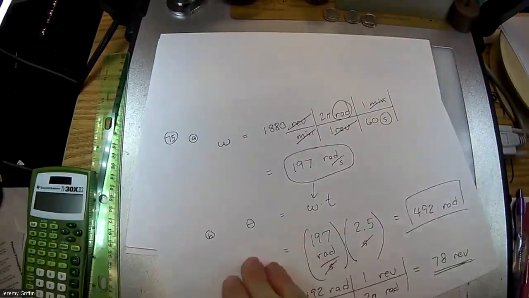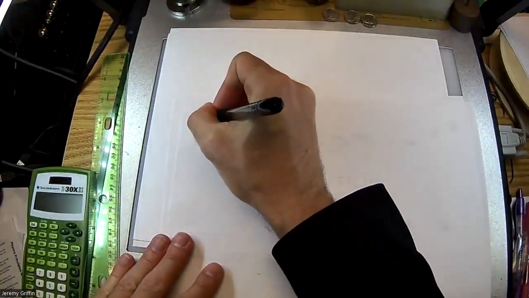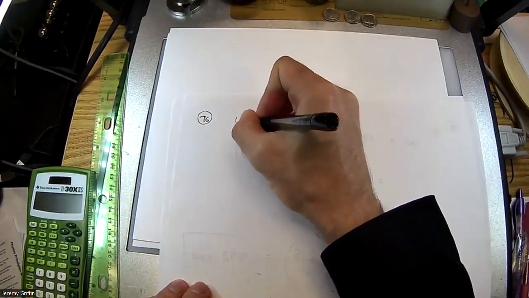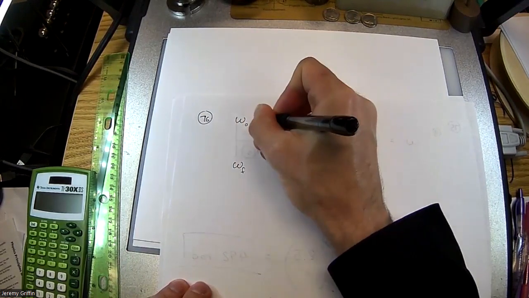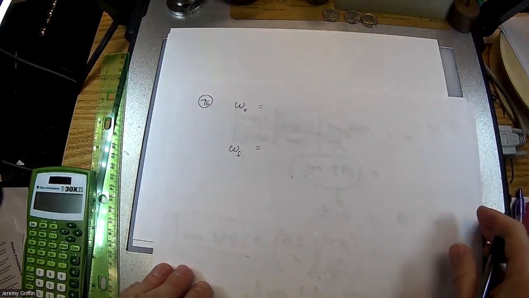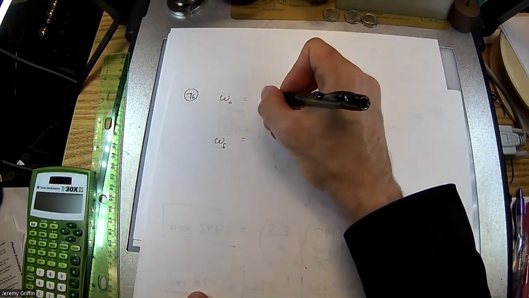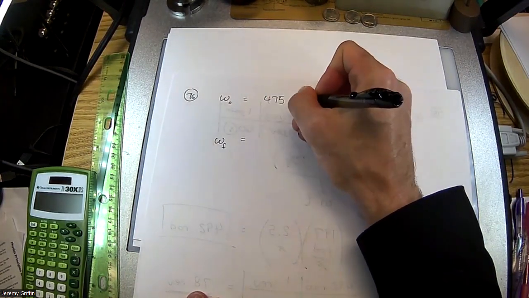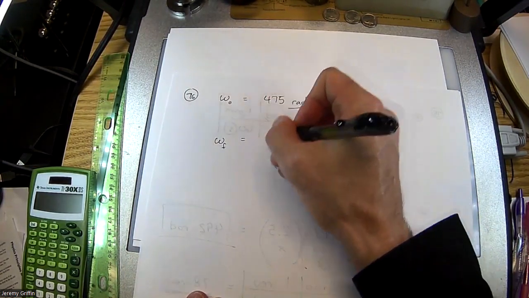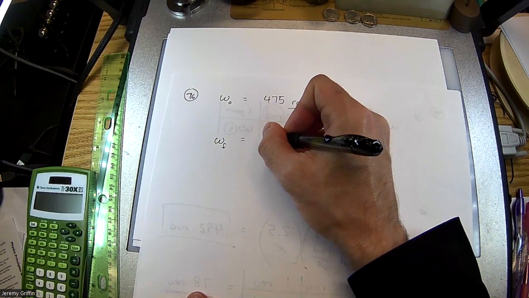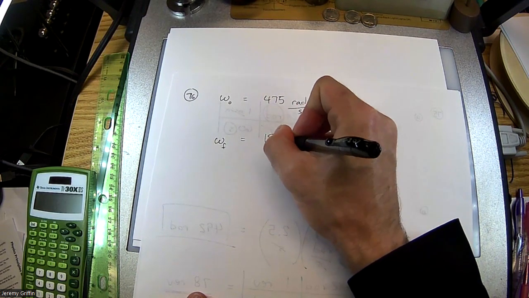Number 76. Okay, I'll go omega initial, omega final. So let's just do some conversion first. It was 475 revolutions per minute. It slowed down to only 187.